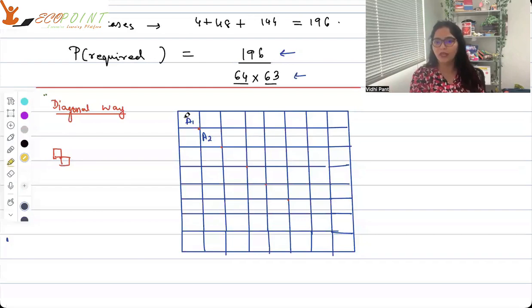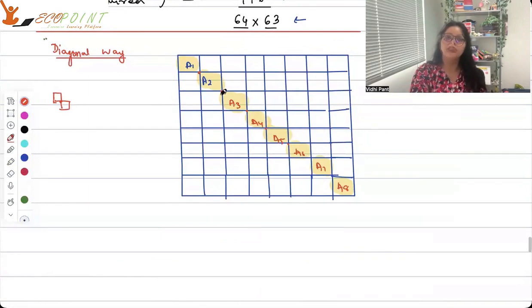Of course, it's a square, right? So the main diagonal. How many squares do you have on this main diagonal? In terms of pairs, there are 7 pairs. So 8 squares give 7 pairs: A1, A2, A2, A3, and so on and so forth.